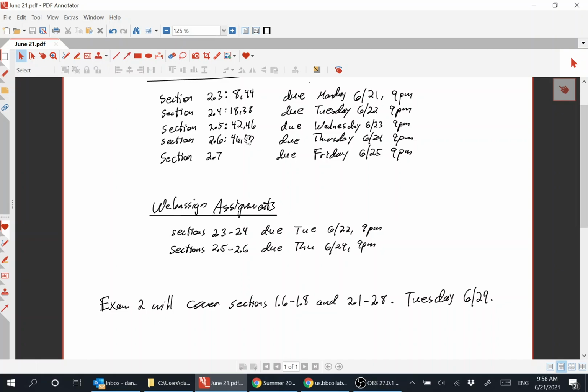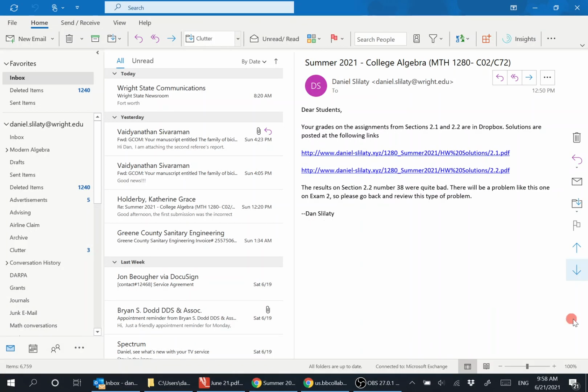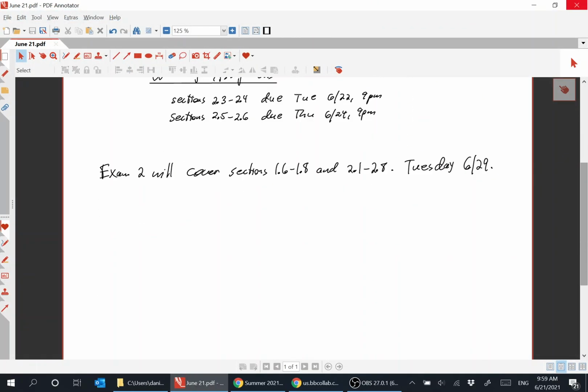So, let's look at number 49. It states the following: the monthly cost of driving a car depends on the number of miles driven.